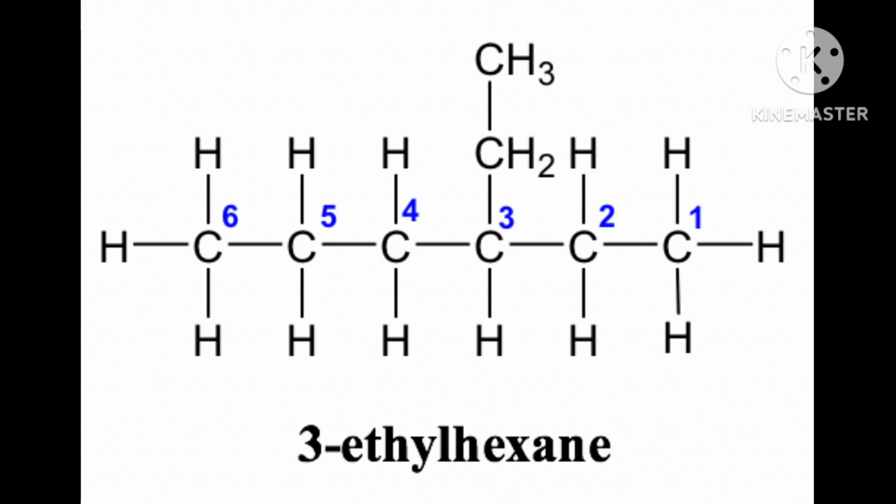Now I am telling you the first isomer of C5H11. You can do this very easily. For the C5H11 groups, you can make 3 columns. The first column is for the structure of the C5H11 groups.